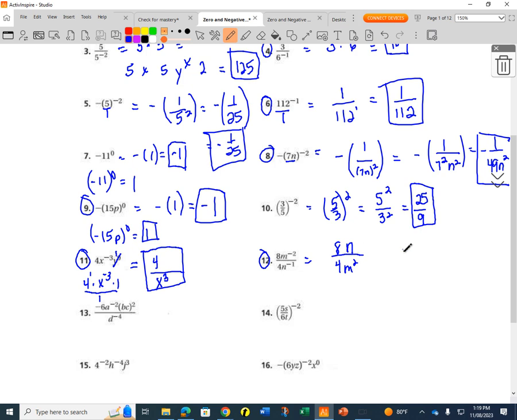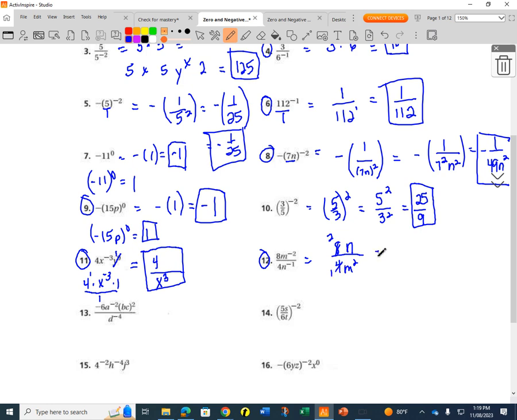Now, is this problem done? Can we simplify anything else? What's 8 divided by 4? So we can still simplify those, right? Just like if that were just 8/4. So we're going to simplify that. 4 comes out of that twice. 4 comes out of that once.